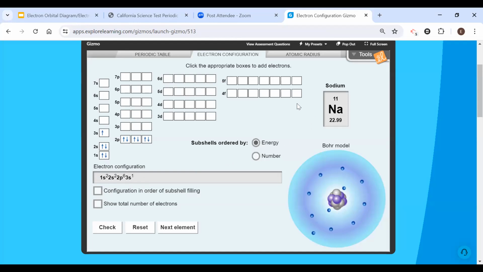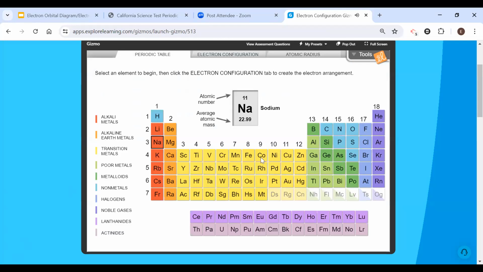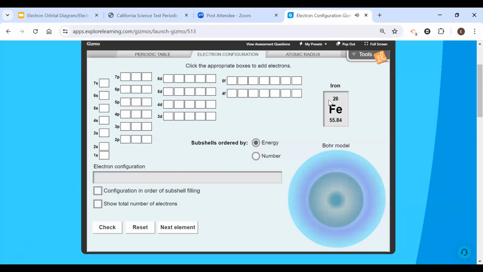Okay? Then the next one is iron. So we go to the next one, iron. Iron is right here. So iron has atomic number 26, which is 26 electrons.